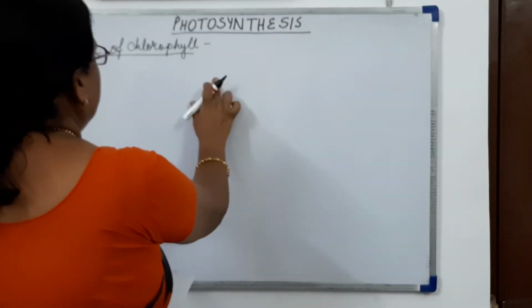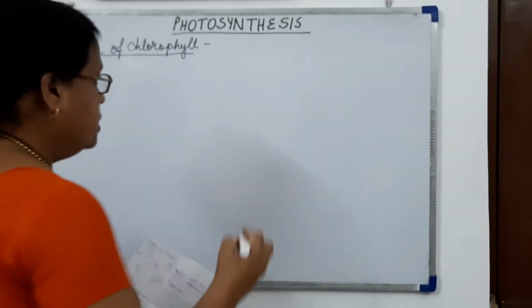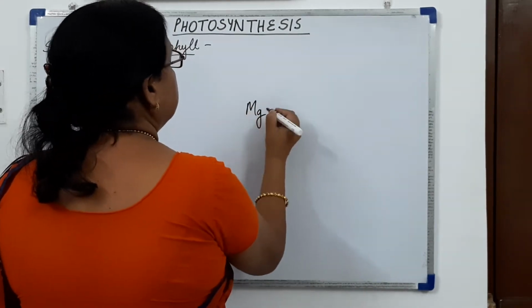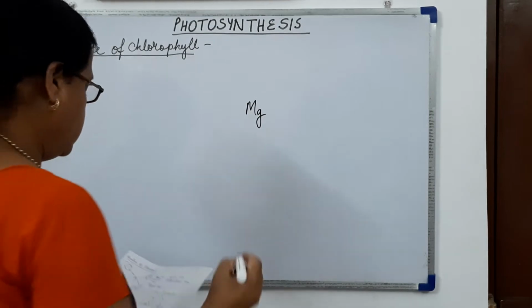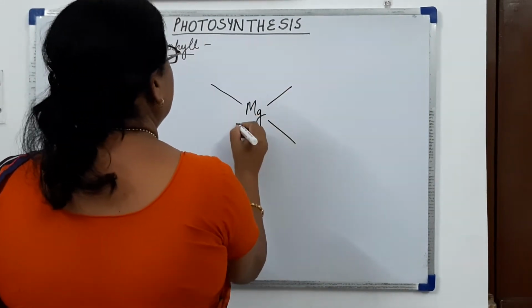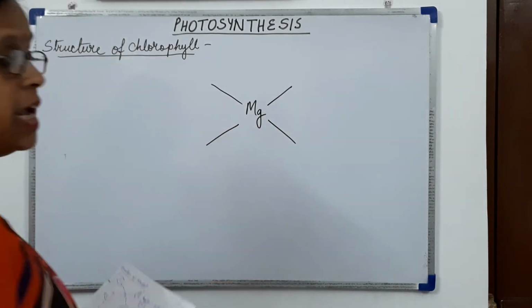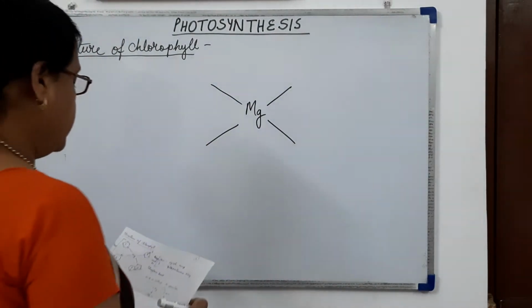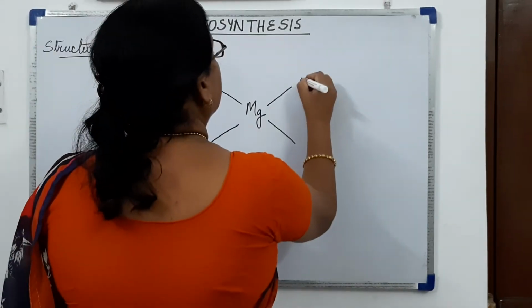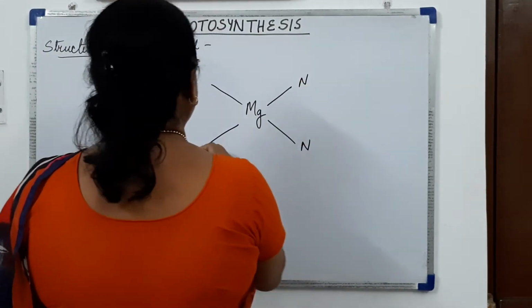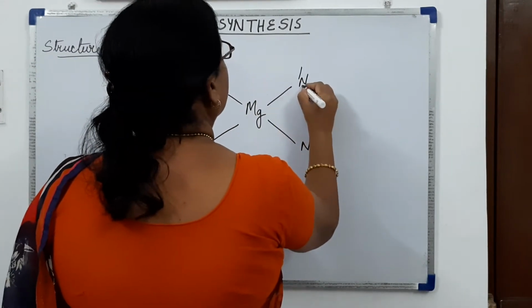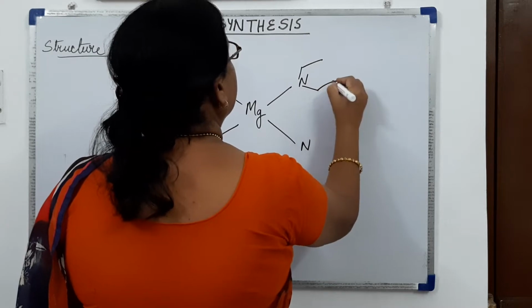Now, in structure of chlorophyll, the magnesium is the main component, and to this magnesium the rings of nitrogen are attached. So this is the nitrogen, it is attached like this.